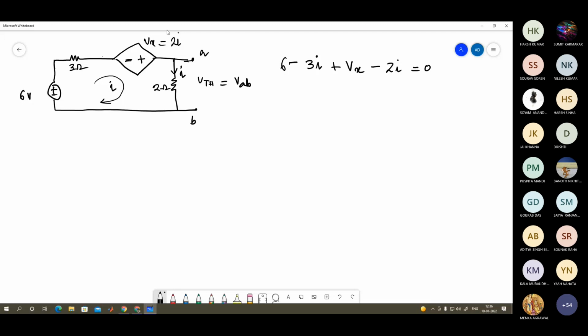So in place of Vx, we can again write plus 2I, because that is the value of Vx, minus 2I equal to 0. So this gives I equal to 2 ampere.